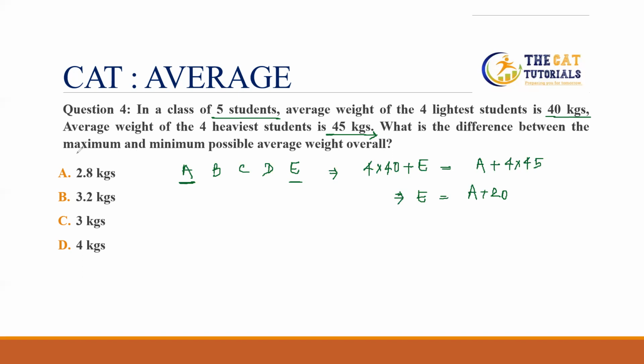If we have to find the maximum and minimum possible average weight, then see, how can we get the maximum possible average? This one is the maximum average and this one is the minimum average.